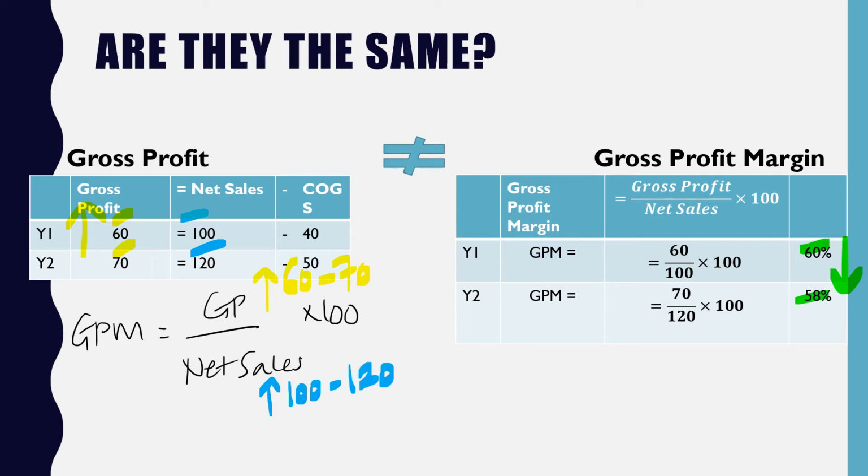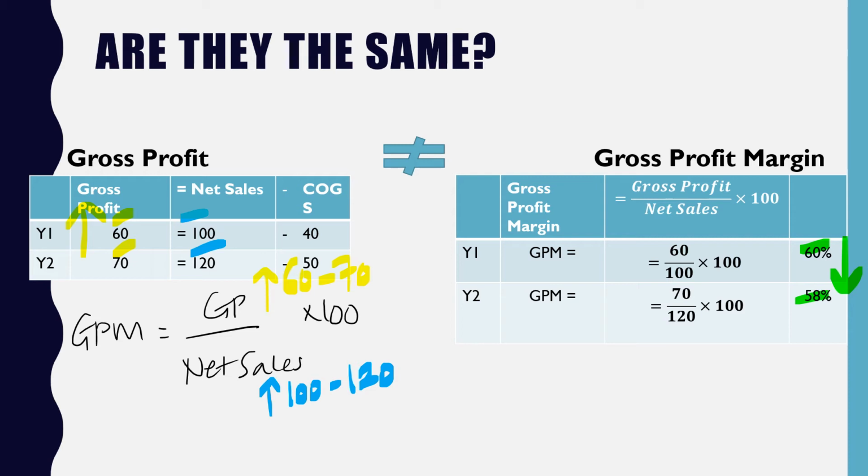Using our mathematical logical understanding from the previous slide, we would have expected an increase in gross profit to lead to an increase in gross profit margin. But this is not the case here. This is because the change in the net sales, in this case here, the increase in the net sales also has an effect on the gross profit margin.